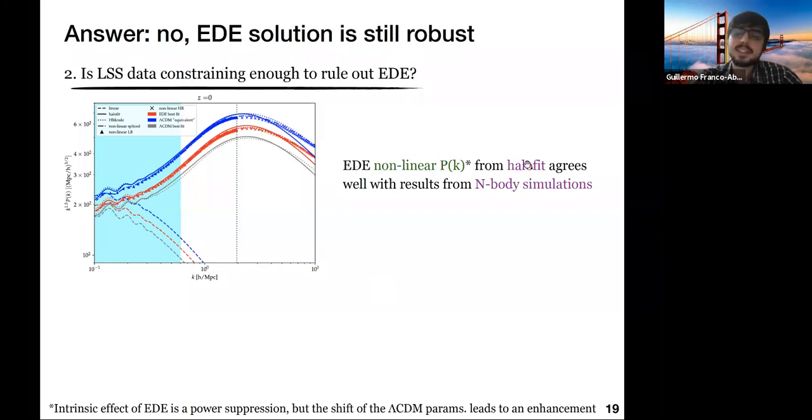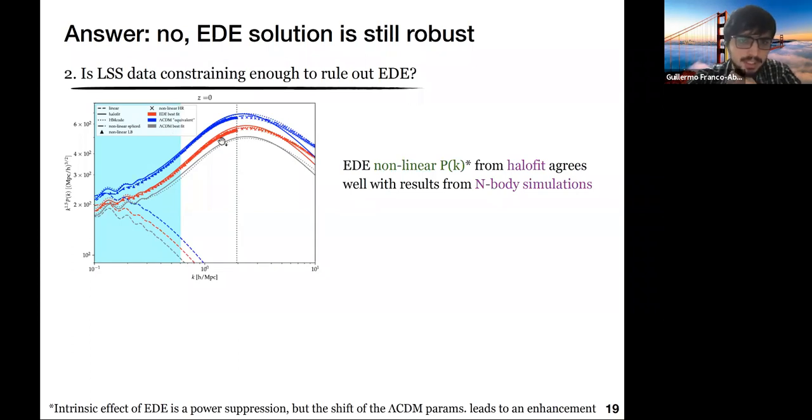Halofit is just a set of fitting formulas that are obtained by fitting the results of N-body simulations. However, these N-body simulations assume lambda CDM. So it is not clear that you can use this Halofit algorithm for models beyond lambda CDM, such as early dark energy. So what we did is to carry out several N-body simulations for early dark energy cosmologies, and we found that they agree very well with the results of Halofit.